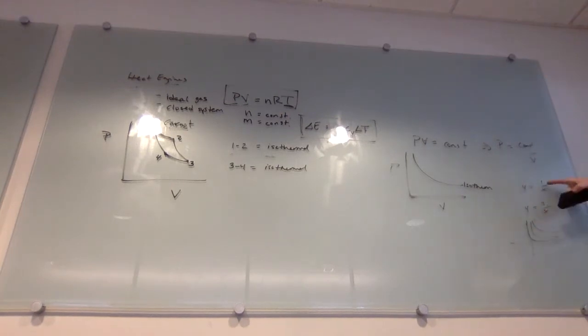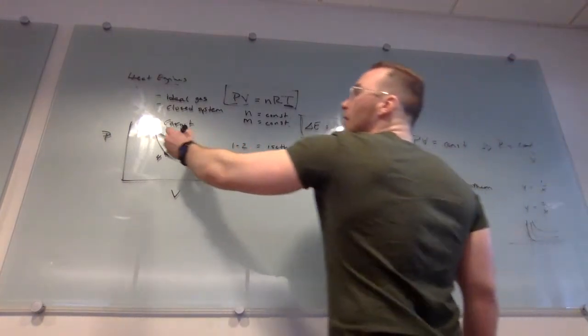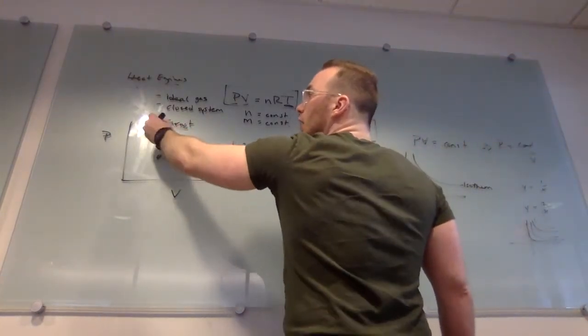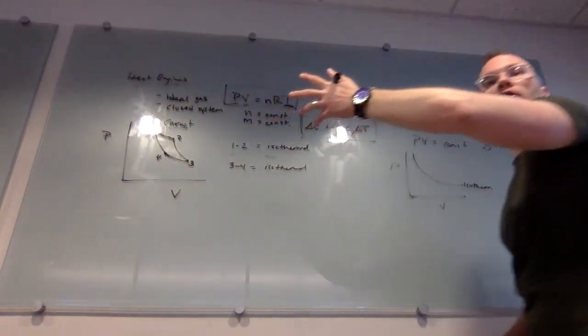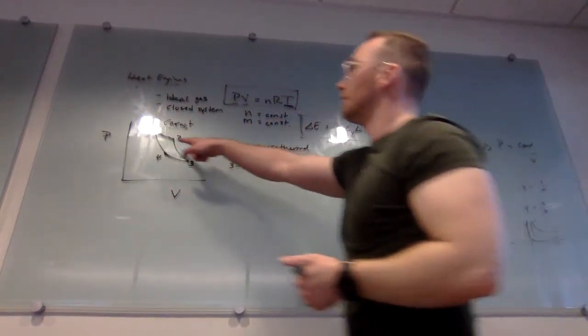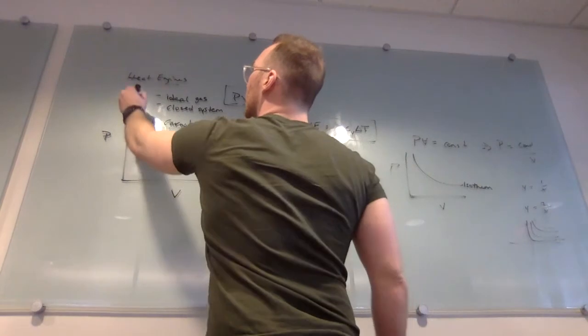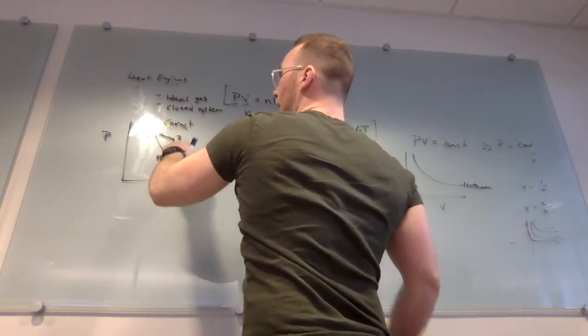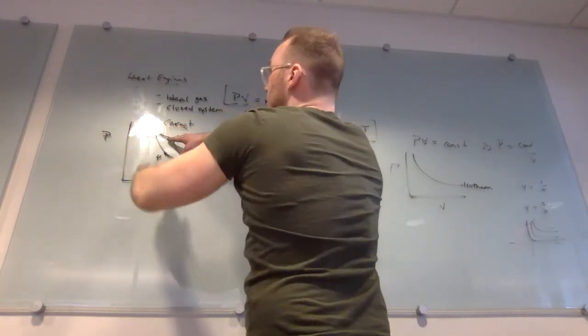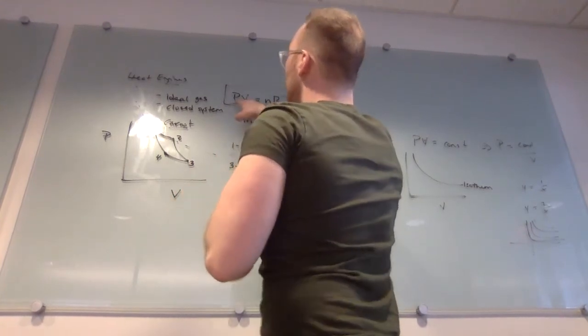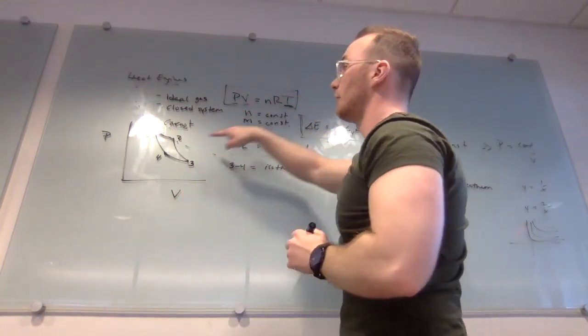That's the whole point, that this number on the top is nRT, right? So isothermal, and this one, because it's higher up here, it has to be hotter, right? Because all the points on this isotherm have a value of P times V, and P times V divided by this constant is the temperature, right?